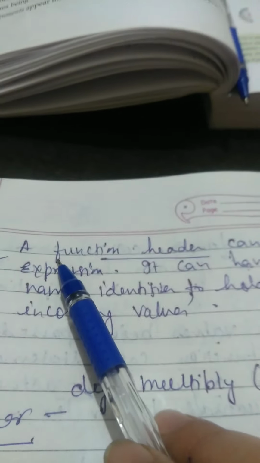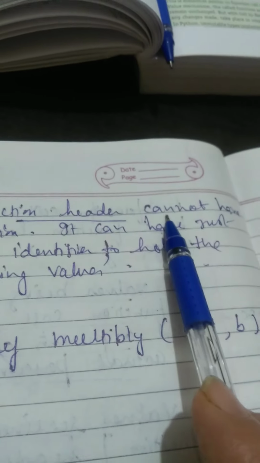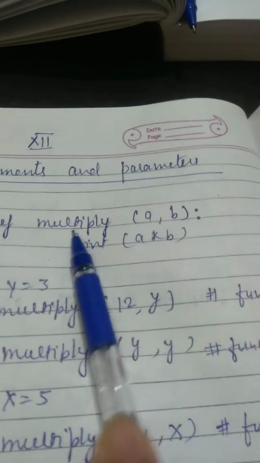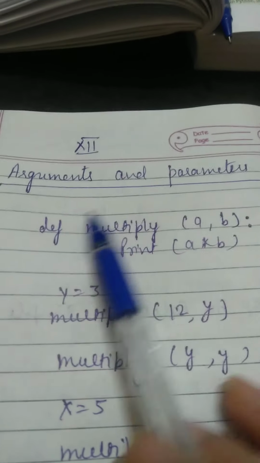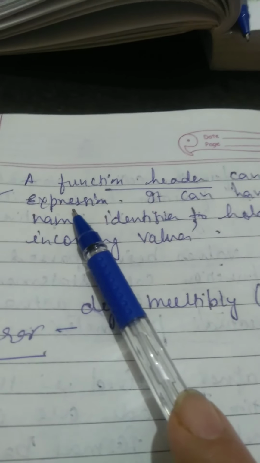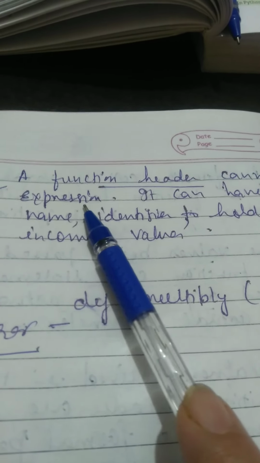One thing you have to remember: where we write the definition, that line is known as the function header, and the entire thing is known as the function definition. A function header cannot have an expression. In arguments we can pass an expression, but in the header we cannot.